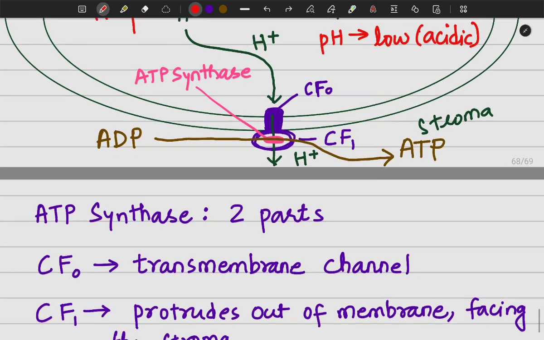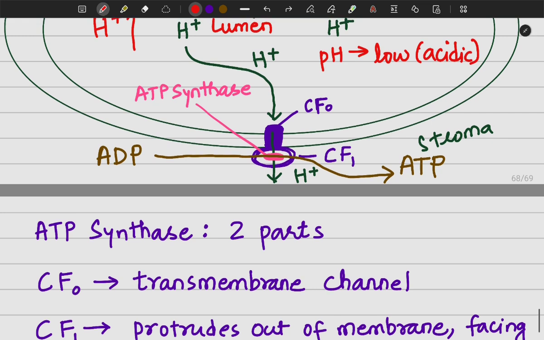How does it help? It provides a passage for the H plus ions to be transported out of the lumen to the stroma. And when the hydrogen ions pass through this protein complex, the F1 F0 complex of ATP synthase, a high amount of energy is released. That energy is sufficient to activate the ATP synthase enzyme.